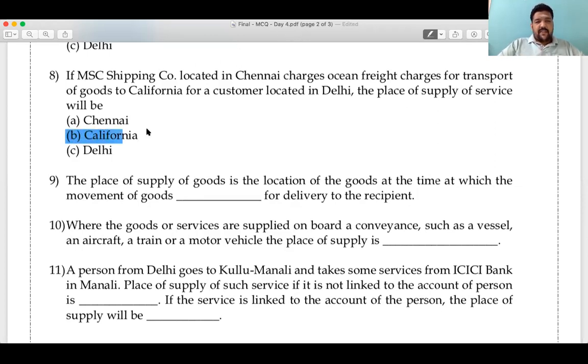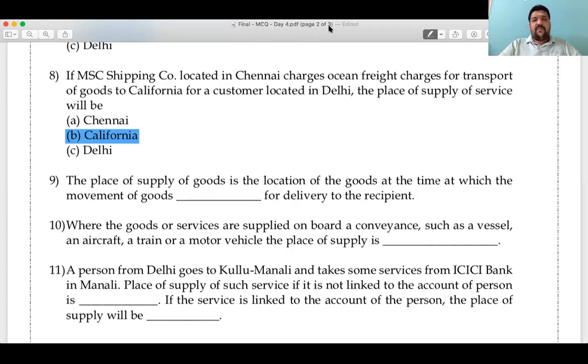It would be your California. We have a recent amendment which came sometime in January 2019: if supplier and recipient are in India and the place of supply is outside India, then the place where the goods go would become the place of supply.